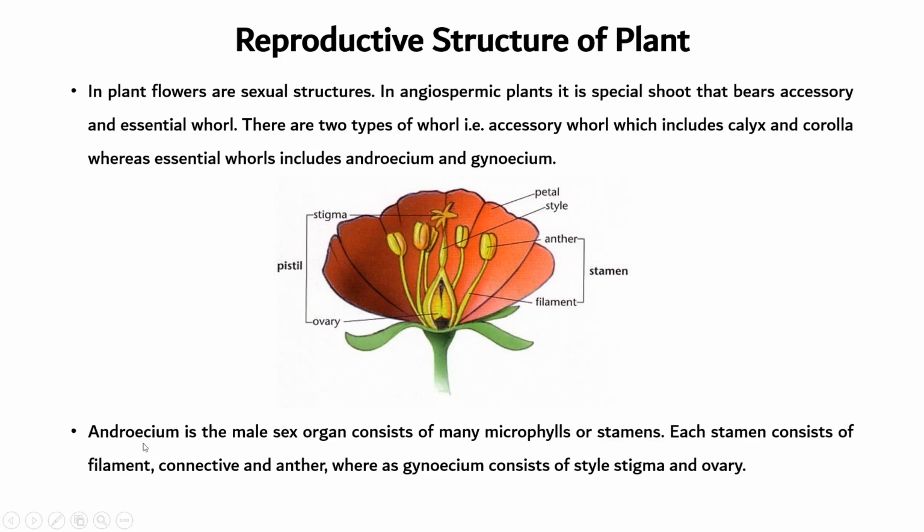Androecium is the male sex organ, consisting of many microsporophylls, also called stamens. Each stamen consists of filament, connective and anther. See in this diagram, this is the filament, this is the joining part called connective, and the topmost lobed structure is nothing but the anther.